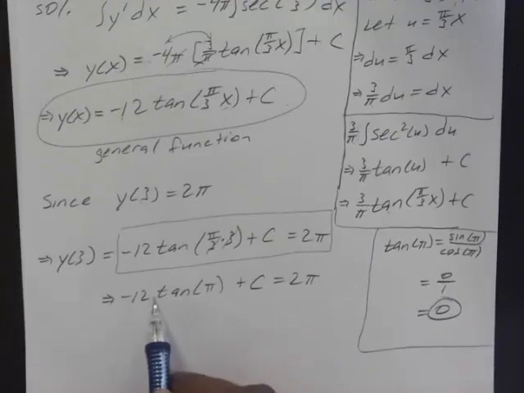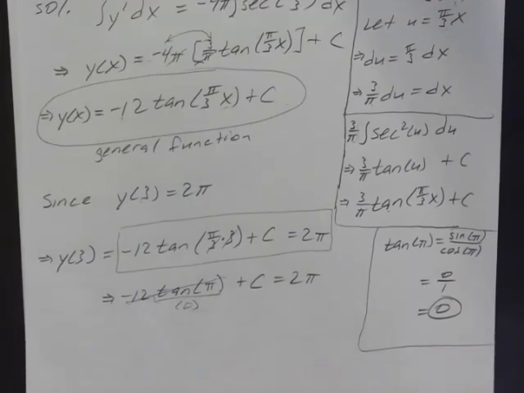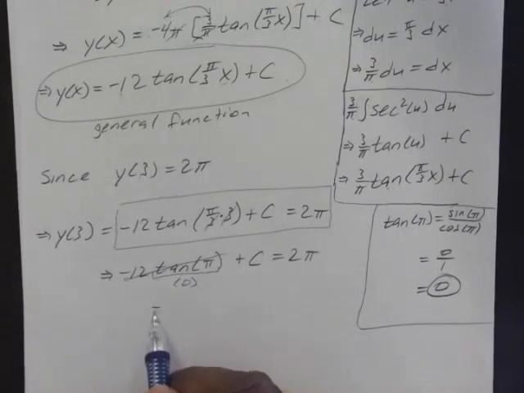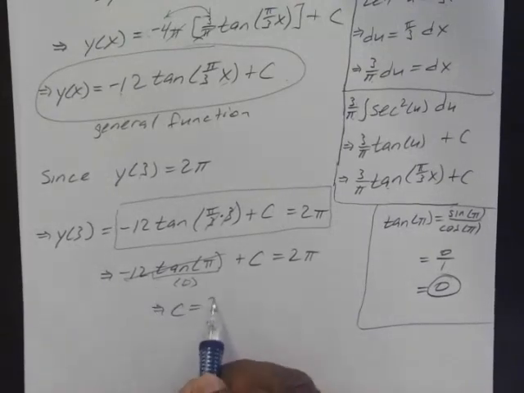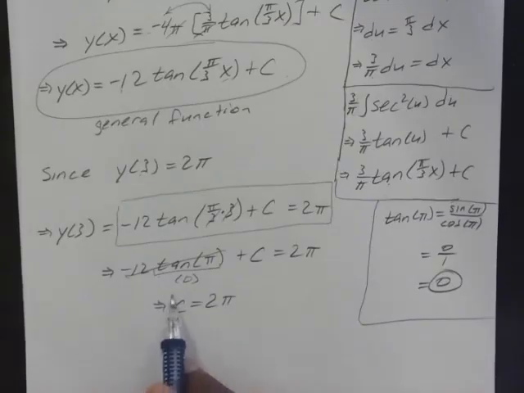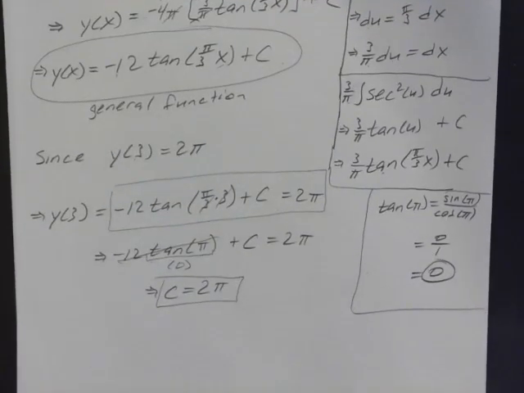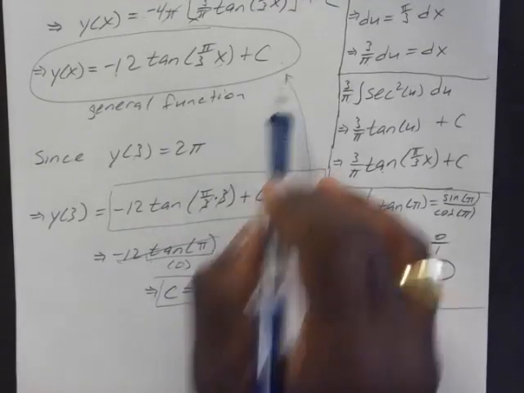So since this is equal to 0, this whole term just disappears. So we know that c is just equal to 2 pi. We plug it into our general function.